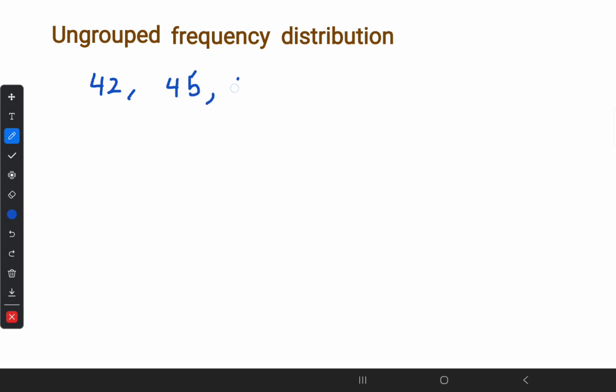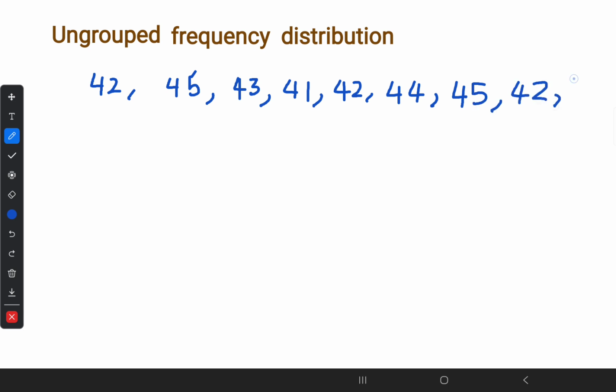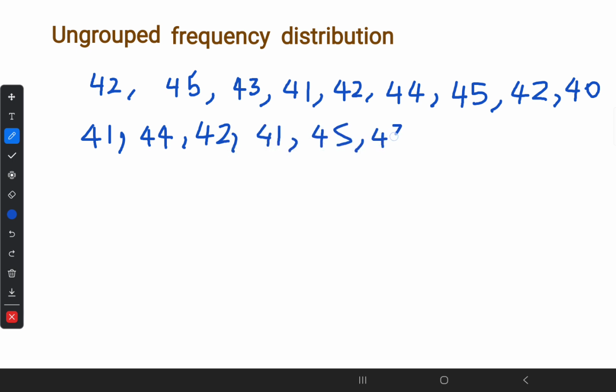45, 43, 41, 42, 44, 47, no, 47, 45, 42, 40, 41, 44, 42, 41, 45, 43, 43, 40, 41 and 42.